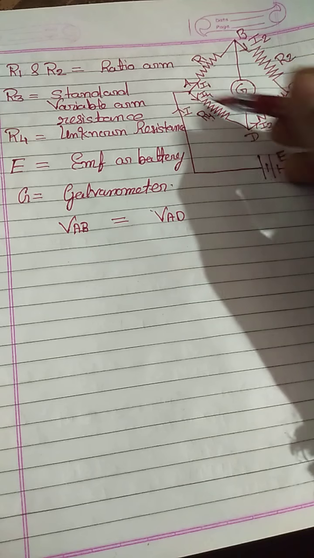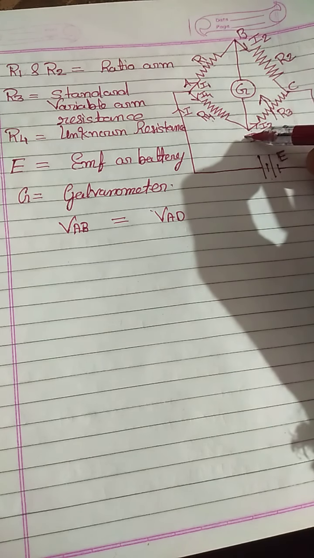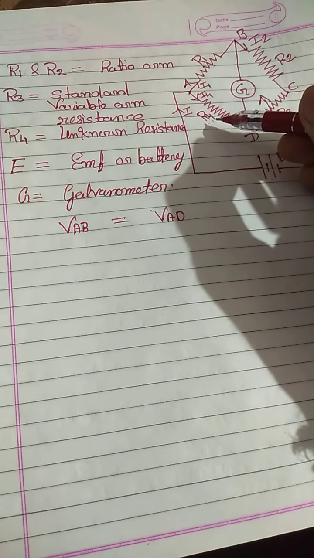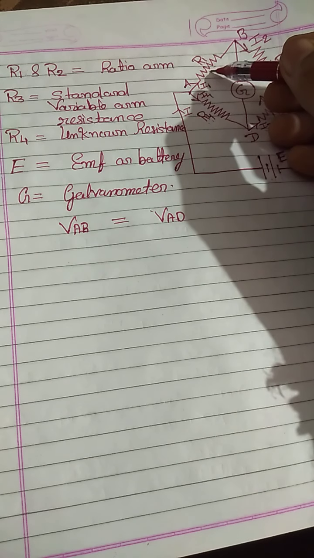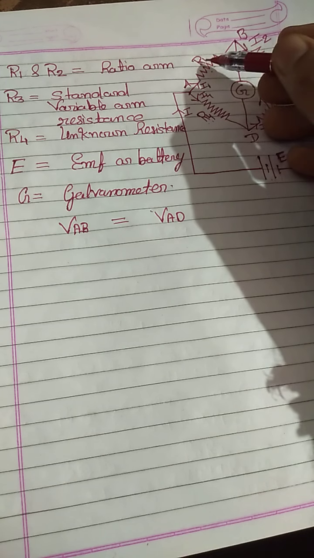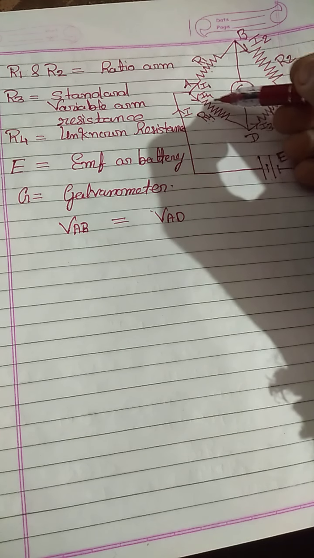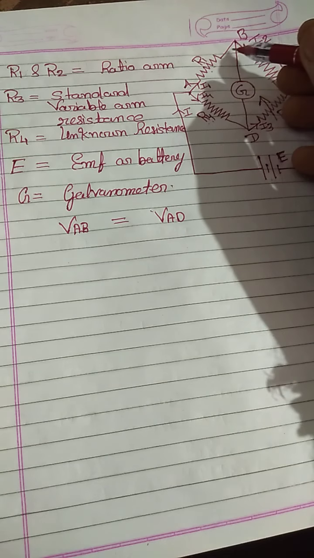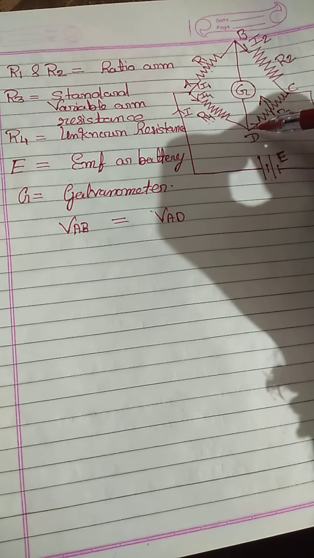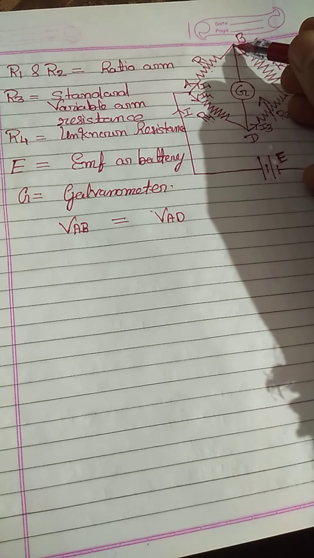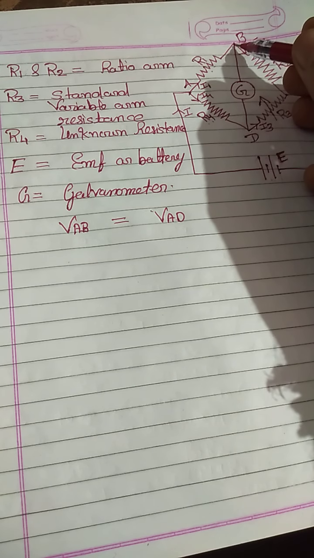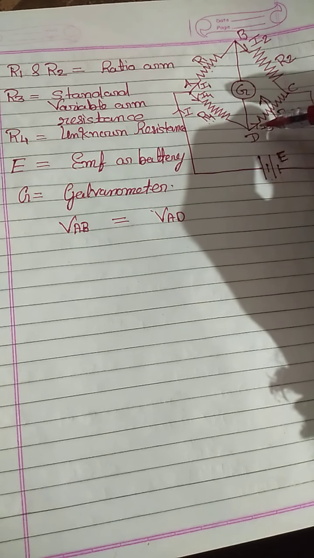I4 into R4 is the voltage drop across arm 4. I4 and R4 should be adjusted in such a way that it equals the voltage drop across arm 1, R1 into I1. As I have told you, when the voltage across arm 1 equals the voltage drop across arm 4, it makes the balanced condition, and under this balanced condition the potentials at points B and D will be equal.